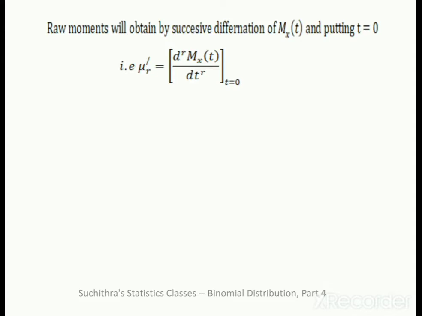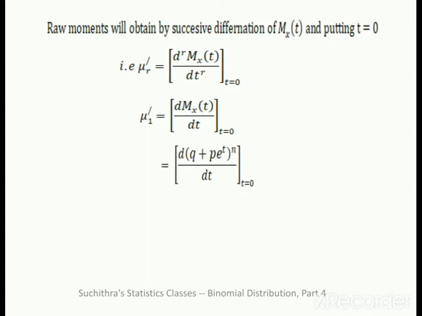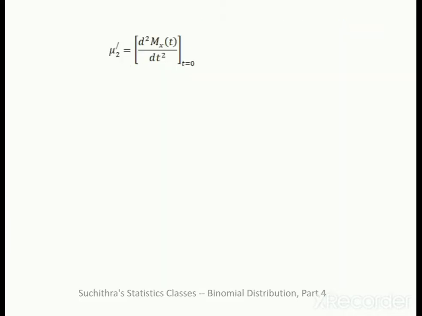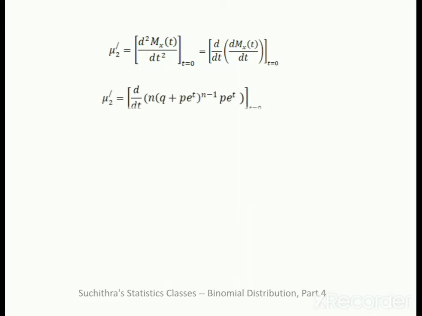That is, mu_r' is equal to d^r M_X(t) by dt^r at t equal to 0. Therefore, mu_1' is d by dt of M_X(t) at t equal to 0. So, we will get mu_1' is equal to np. Then mu_2' is equal to d^2 M_X(t) by dt^2 at t equal to 0, that is d by dt of dM_X(t) by dt at t equal to 0.